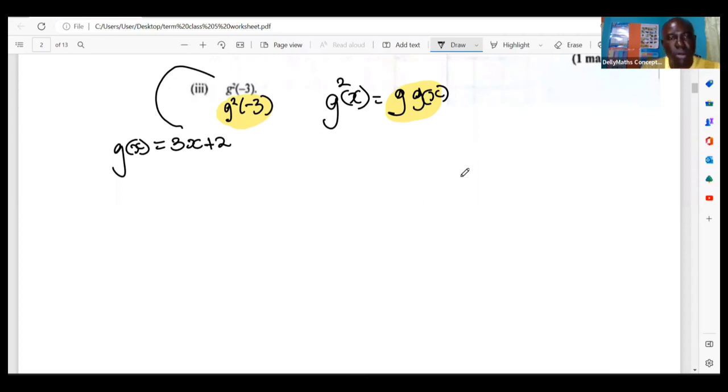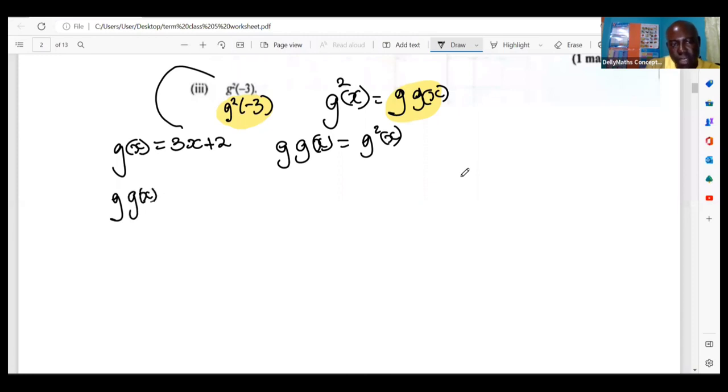So now, in order to do the square of g, first you need this. This is the same thing as that. So it's a knowledge thing you need to know. So let's go for it. We're going to put the g inside the g.